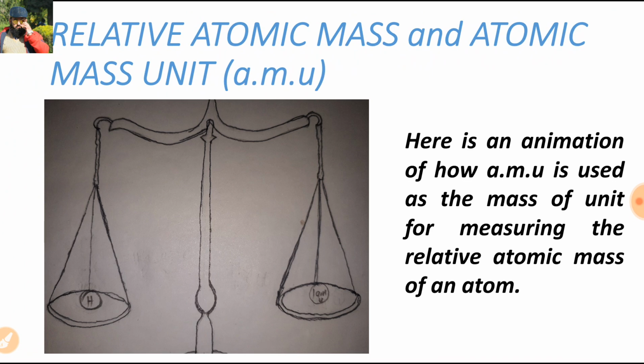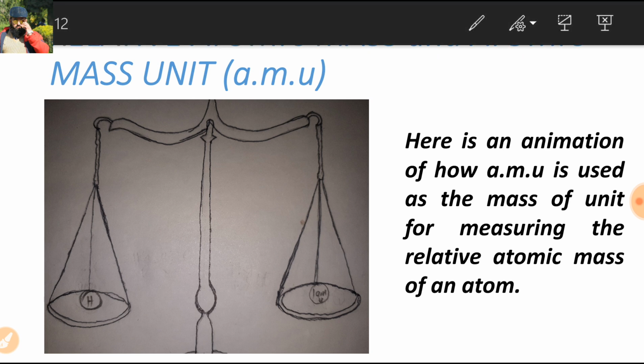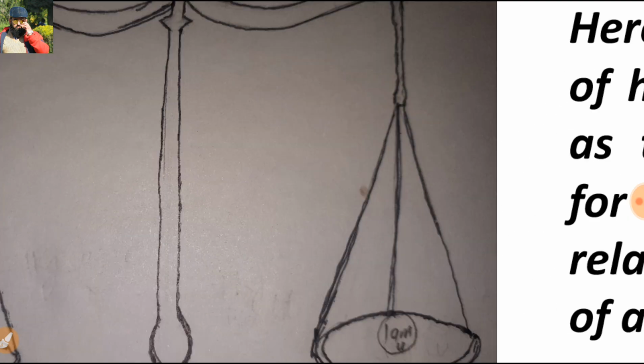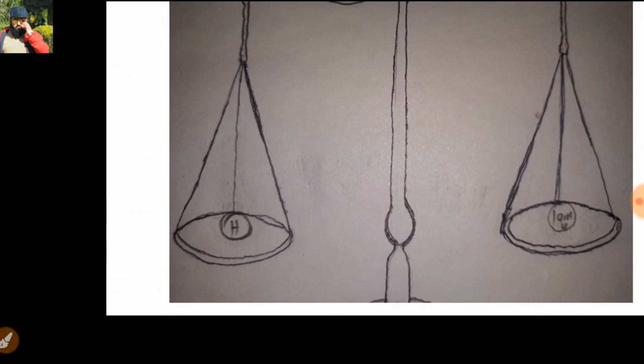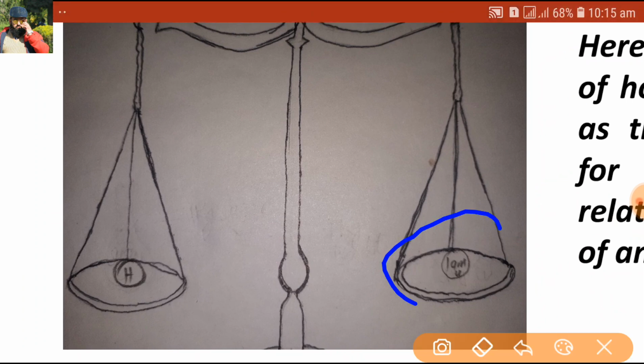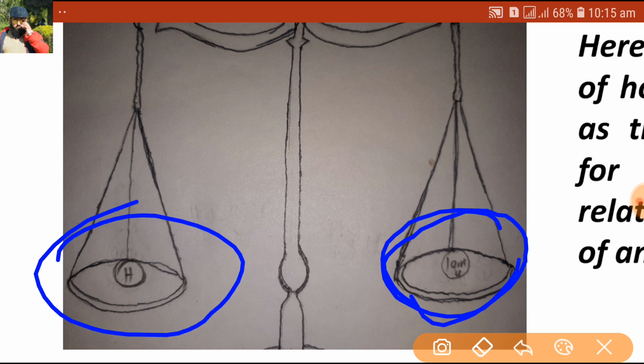Here is another animation of how a.m.u is used as the unit of mass for measuring the relative atomic mass of an atom. I have drawn the diagram of a physical balance with two pans. In one pan I have put the standard mass 1 a.m.u, and in the other is lying one hydrogen atom, and the two pans are balanced.